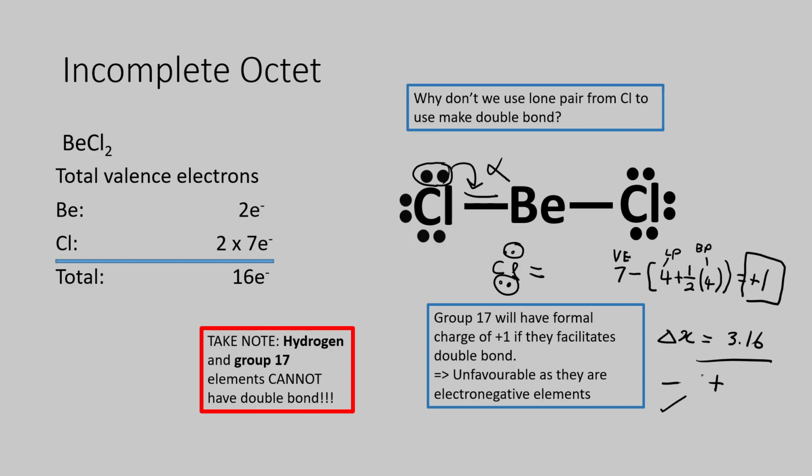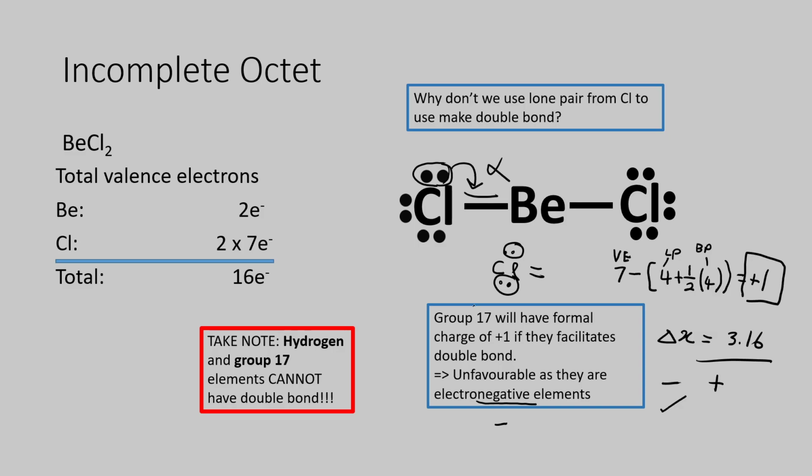Kan? The more electronegative, dia suka negatif. The more electropositive, dia suka positif. So that's why group 17 kita tak boleh nak buat double bond. Dia tak suka jadi plus one ni. Dia tak suka kalau duit dia tinggal duit dalam dompet dia. Dia suka kalau ada duit tu dia spend semua. Okay.